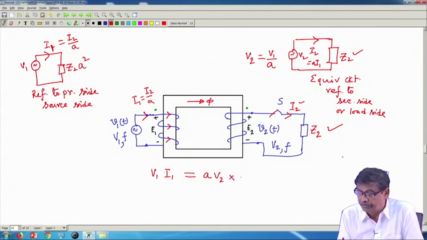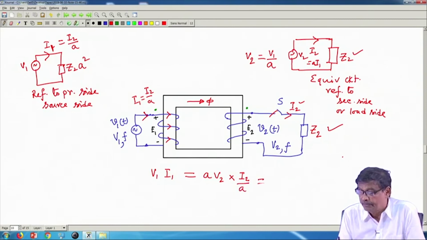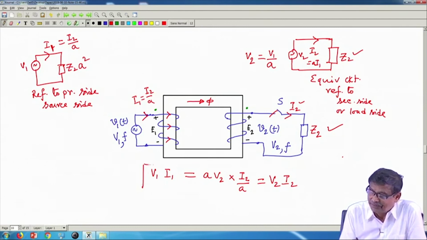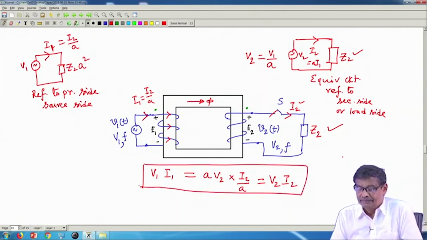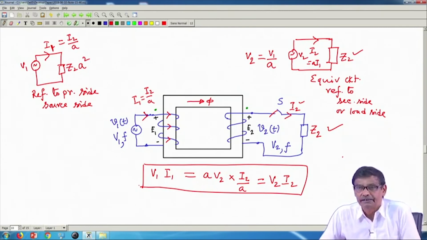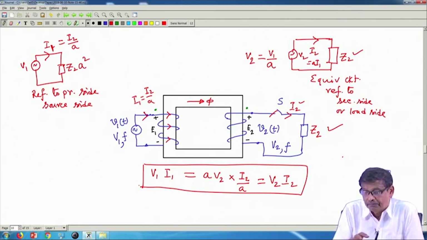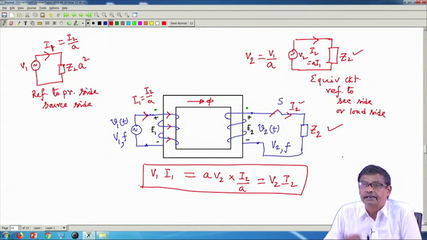I 1 is equal to I 2 by A, so the product is equal to V 2 into I 2. This is a very interesting result. Therefore, the volt ampere, that is kVA, the product of voltage and current on the primary side, is the same as the product on the secondary side.